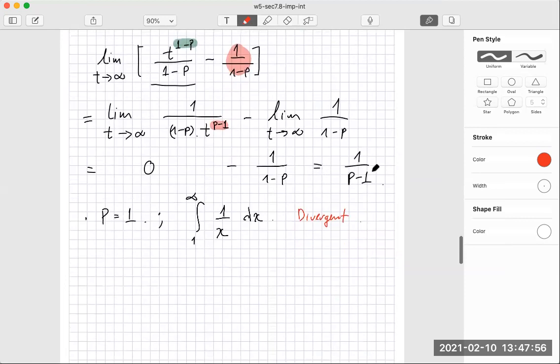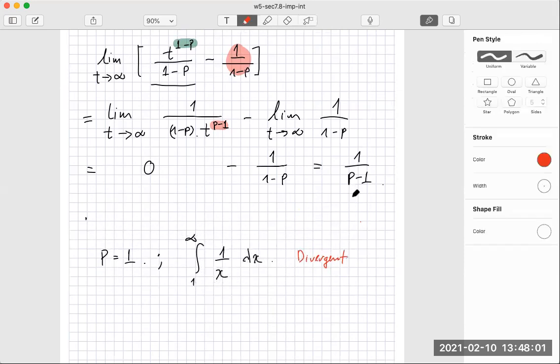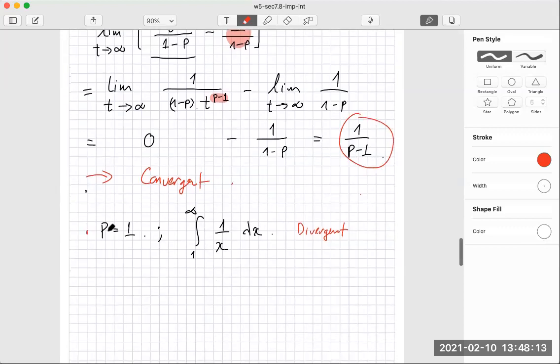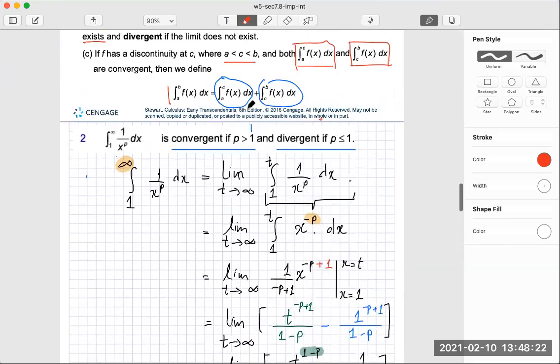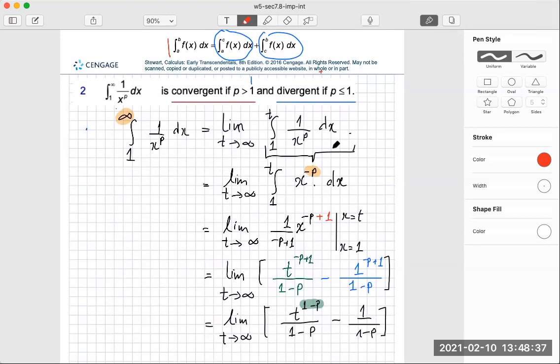And in this case, it is convergent, the second case, because the limit here converges to a number. And when p is equal to 1, it is again divergent. That is why we have the conclusion on top here, right? When p is larger than 1, it is convergent, and when p is smaller or equal to 1, then it is divergent. So is it clear?